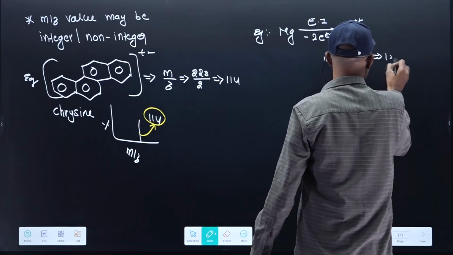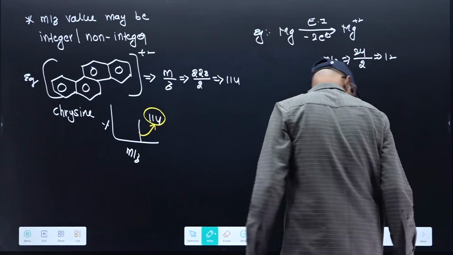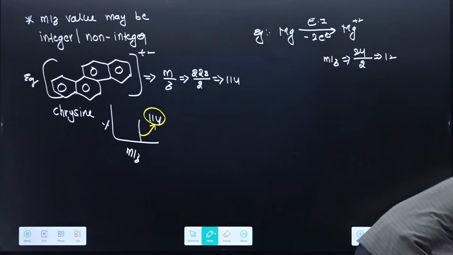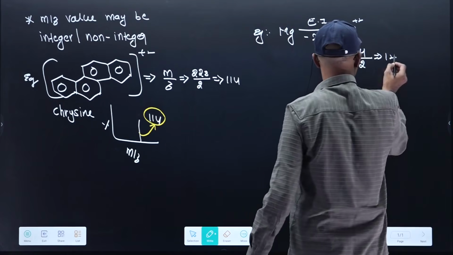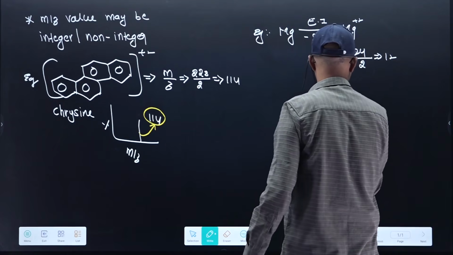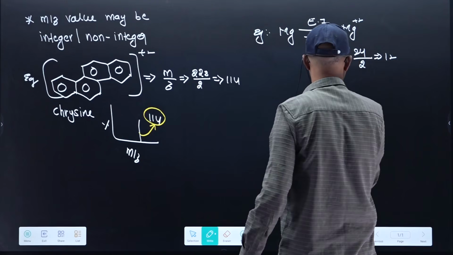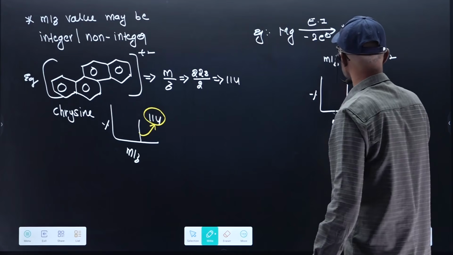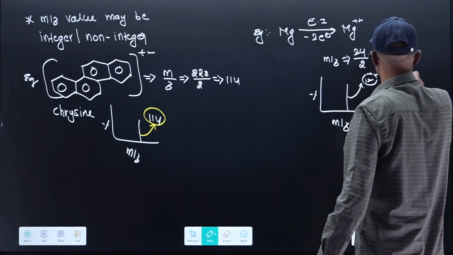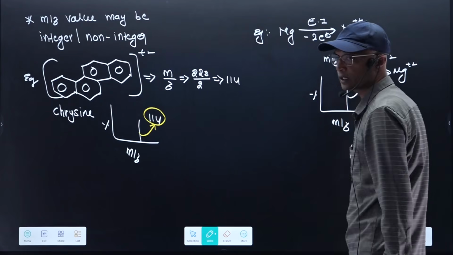So finally, what is your answer? 12. So in the mass spectrum you will get like this. This is m/z value, percentage of intensity. Here you will get a peak at 12, m/z 12. This 12 indicates that it belongs to magnesium plus 2, like that.